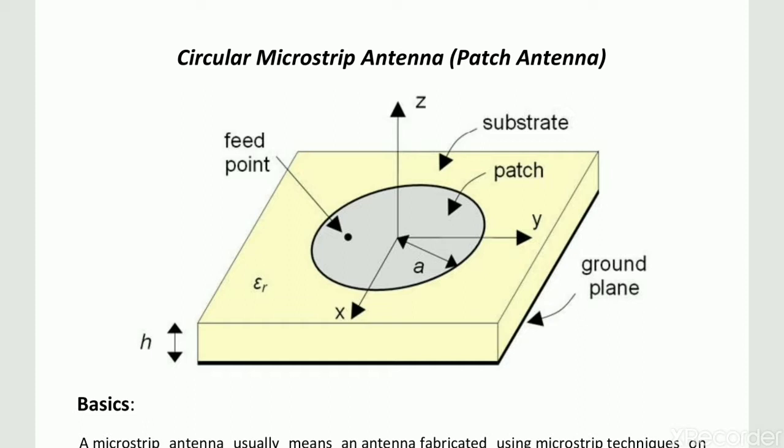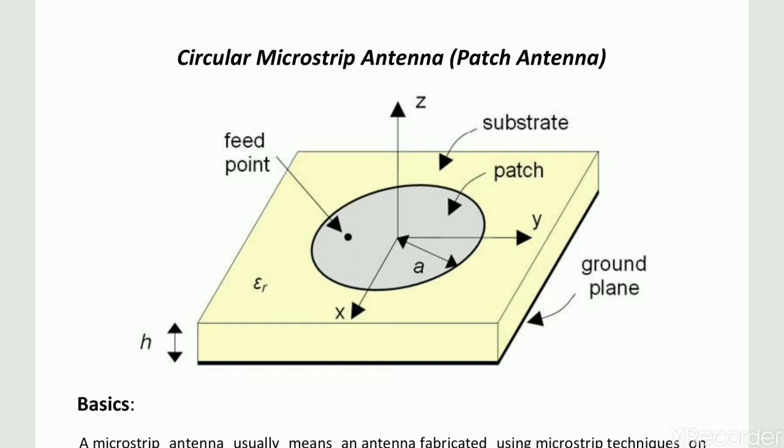It is one type of microstrip antenna which is made using microstrip techniques. We can say there is a basic construction of circular microstrip antenna. There is a basic diagram regarding the construction details of the circular microstrip patch antenna. In this diagram, we can see there is a circular patch having radius small a.